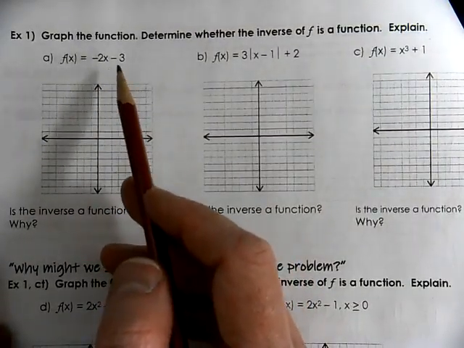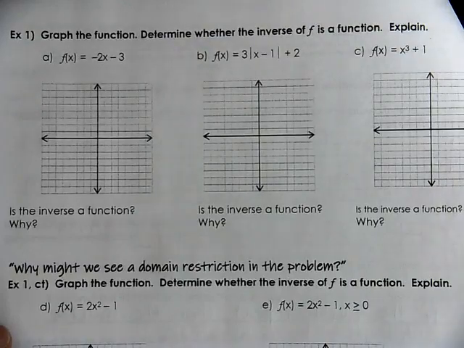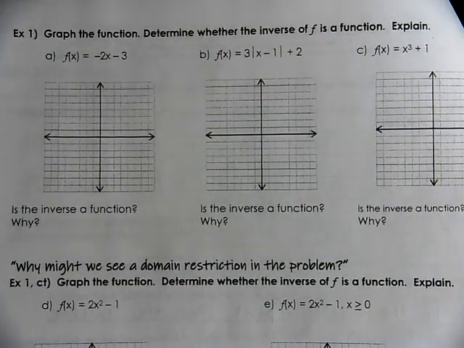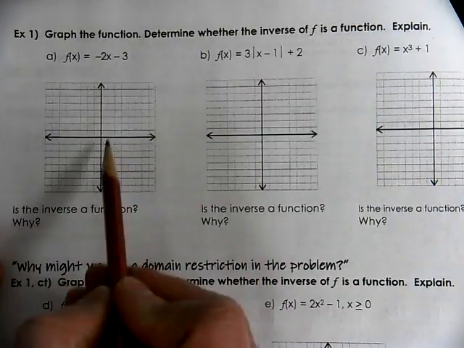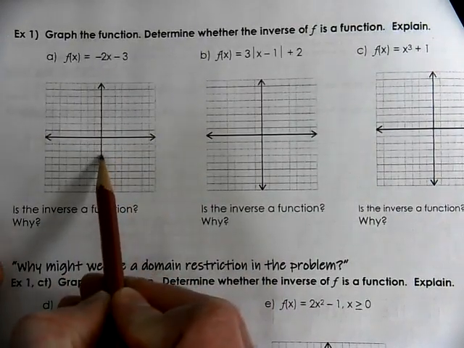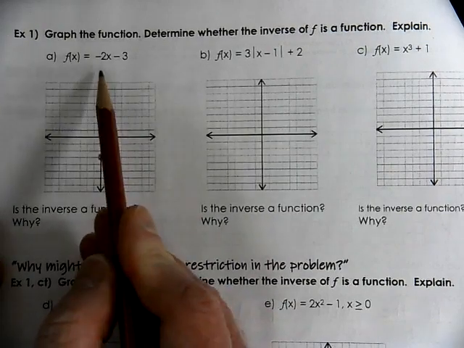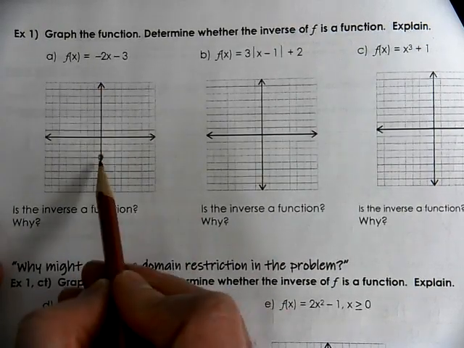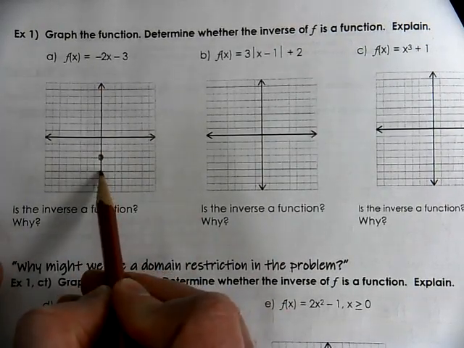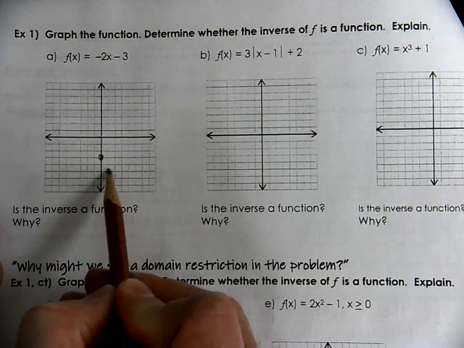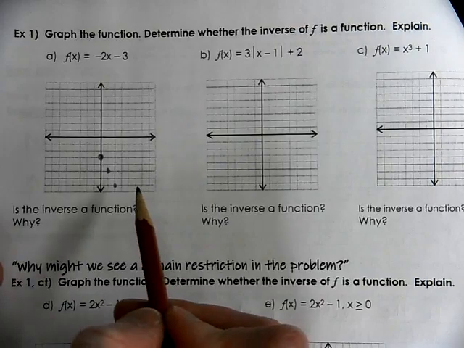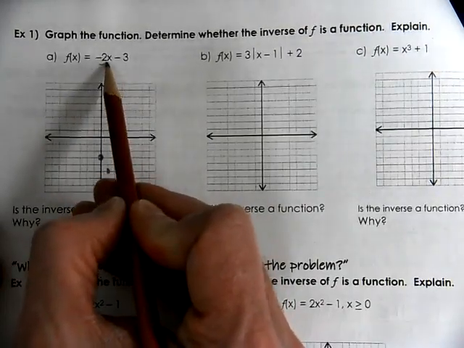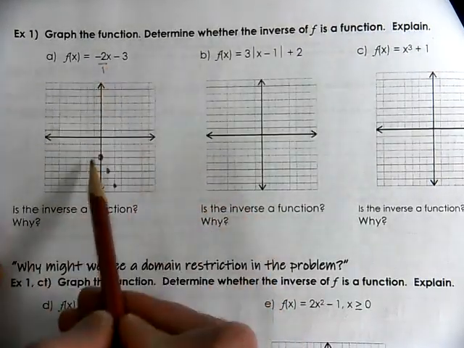What do you need to do to graph a linear equation? We're going to start at -3 and use our slope of -2. That means down 2, over 1, down 2, over 1. A slope of -2 over 1 is a negative slope.